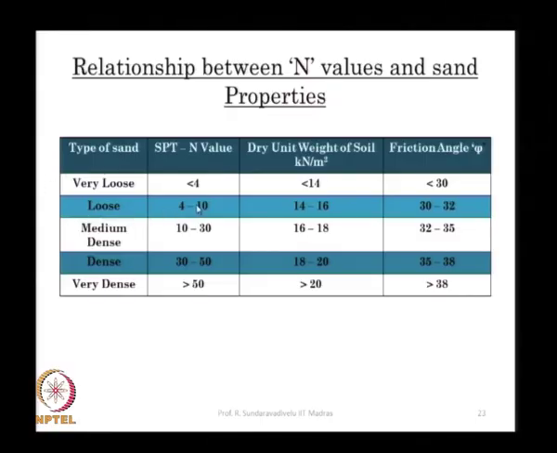So, just like clay, where we have given different properties, here also we are giving different properties of sand. We classify the sand as very loose, medium dense and very dense. I explained about this SPT N value.